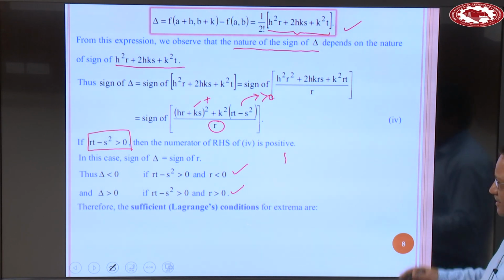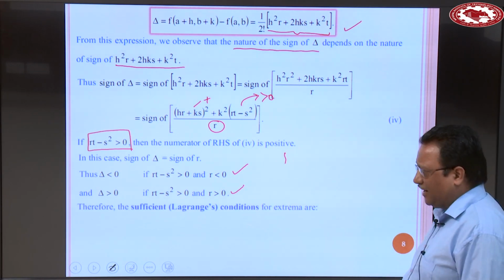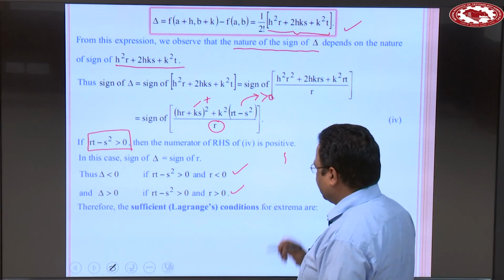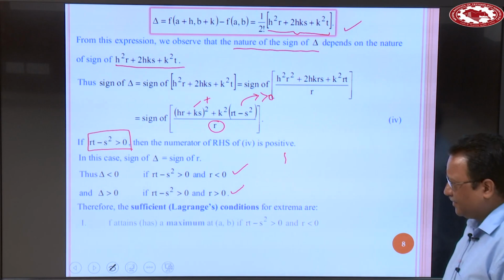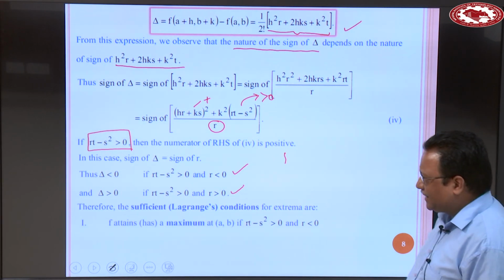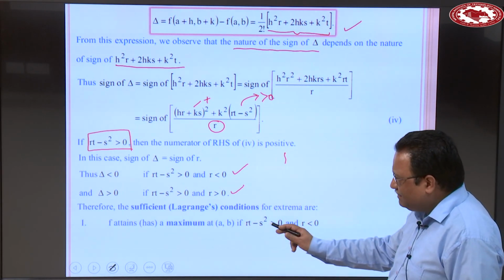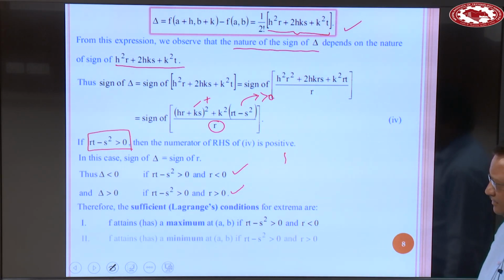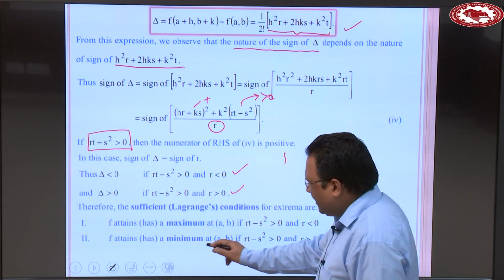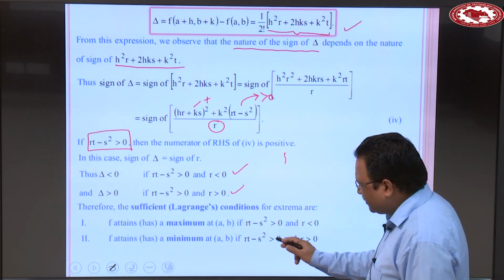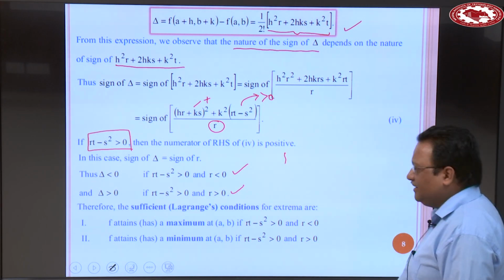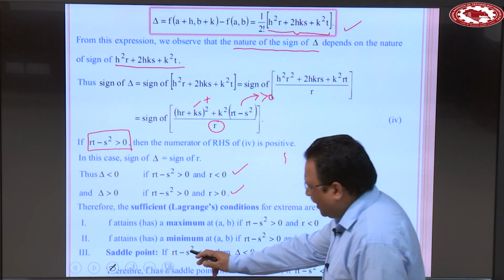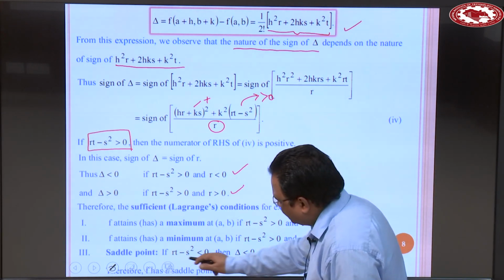Therefore, the sufficient conditions for extrema, also known as Lagrange's conditions for extrema, are: f attains a maximum at (a, b) if r t minus s square is greater than 0 and r is less than 0. F attains a minimum at (a, b) if r t minus s square is greater than 0 and r is greater than 0. And a saddle point if r t minus s square is less than 0.